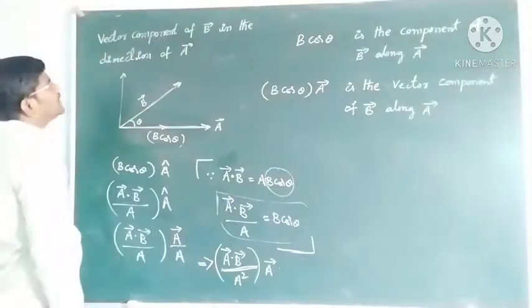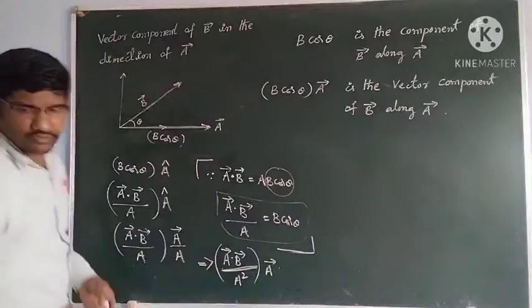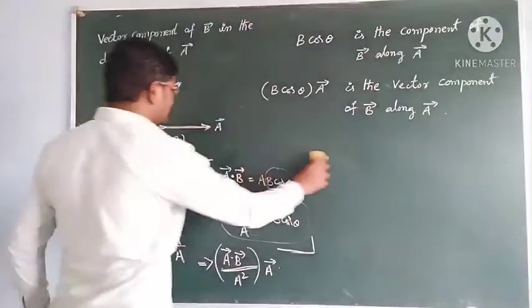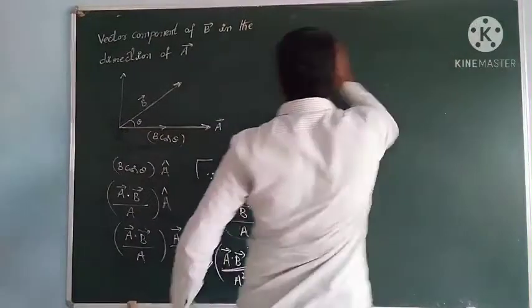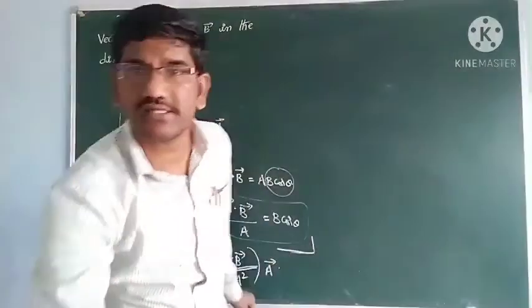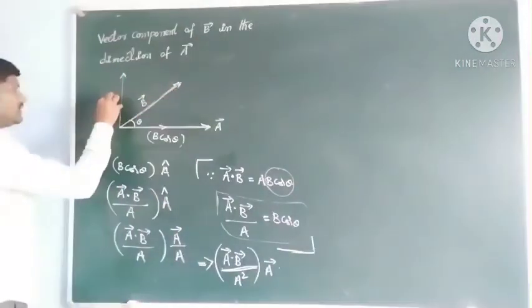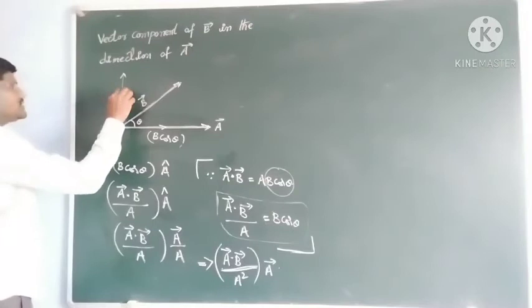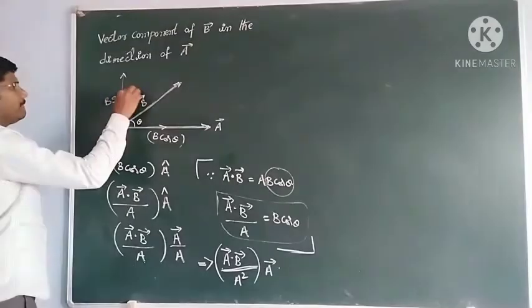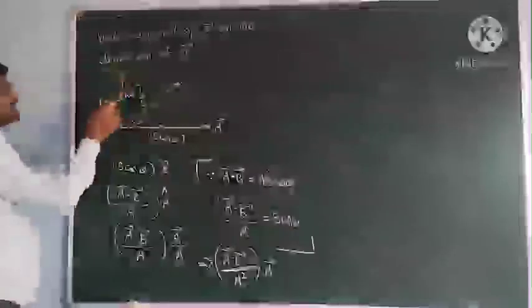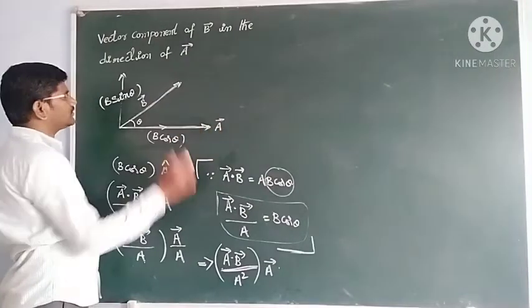So for that, what I will do, you see students, this is a B bar vector. Its perpendicular component is what? B sin theta. B sin theta is the component perpendicular to A bar.